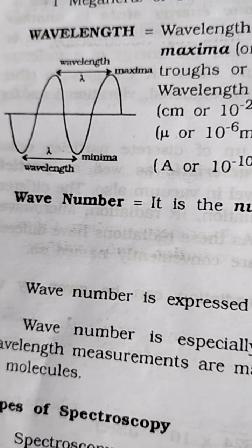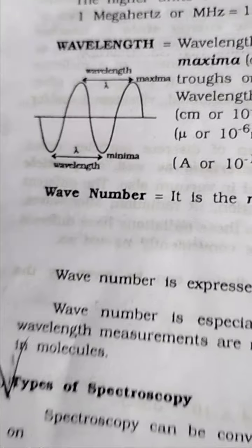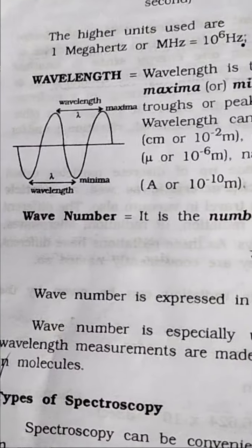Here we can observe the frequency and also the wavelength. The frequency is the total number of complete wavelength units passing through a given point in unit time. The wavelength is the distance between successive peaks. We can easily understand this from the diagram.